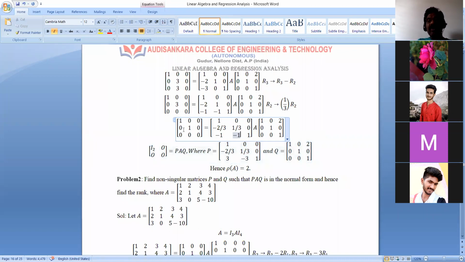Here the above matrix is in the form of the I2 identity matrix [1, 0; 0, 1] and O, equal to P, that is the pre-multiplier P, into A into Q. So where P is equal to [1, 0, 0; minus 2 by 3, 1 by 3, 0; 1, minus 1, 1], Q equal to [1, 0, 2; 0, 1, 0; 0, 0, 1].